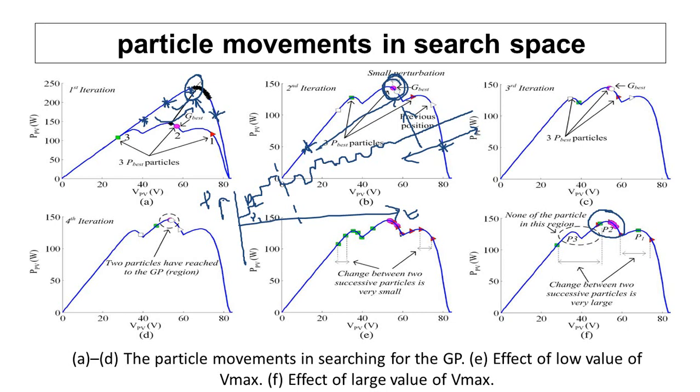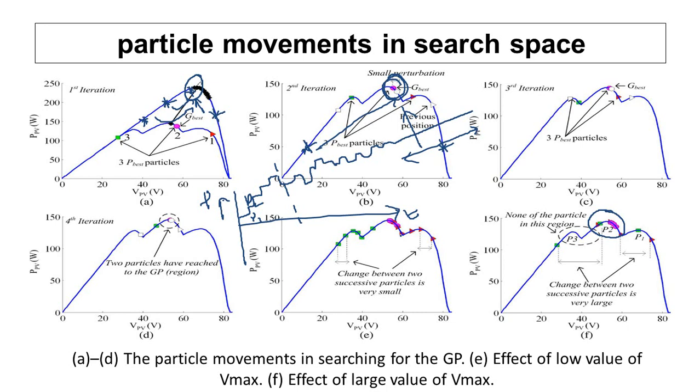So the idea is to find a solution in a search space. In maximum power point tracking, the solution is going to be the global maximum, and the search space is going to be the boundary limits of power. We are going to identify the global power based on the particle power value.